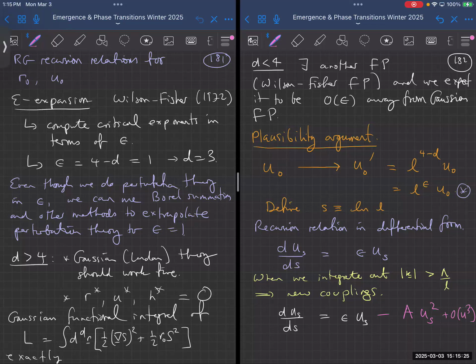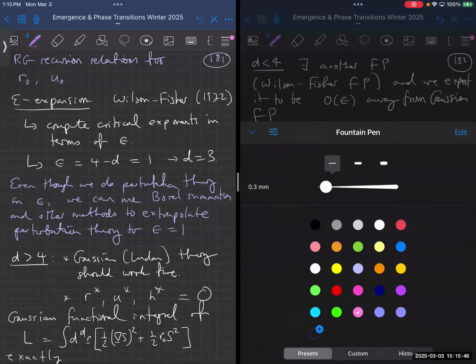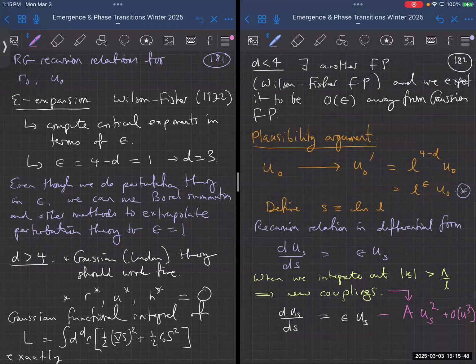So that's plausible. I haven't calculated it yet, but it's plausible that when you do integration out, you change the coupling constant, so the recursion relations change, the renormalization group flows change, and so we will get these extra terms as shown over here. So let's suppose that that's true, which in fact it is, and we'll calculate that.